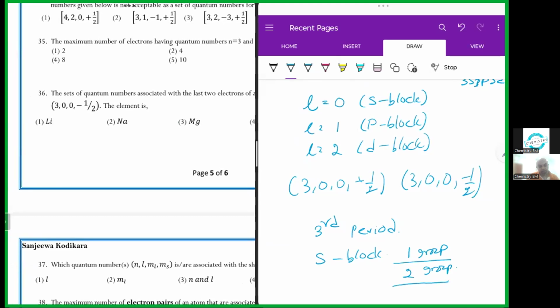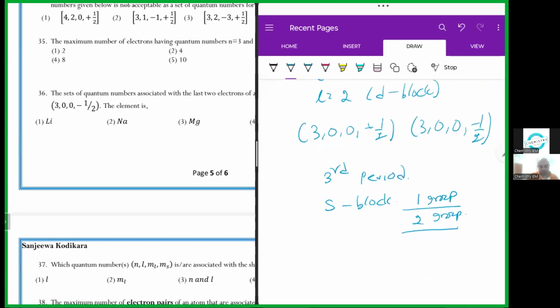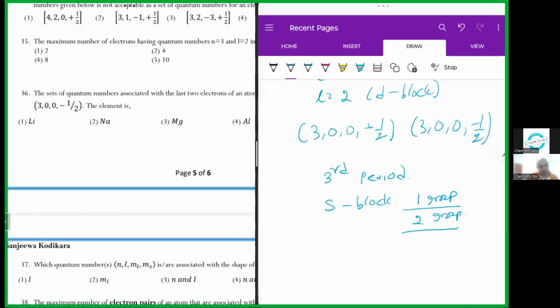Now let's check lithium. Lithium is in the second period. It can't be. Then sodium. Sodium belongs to the third period.